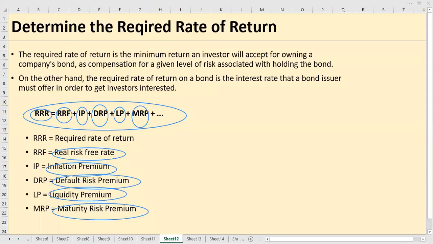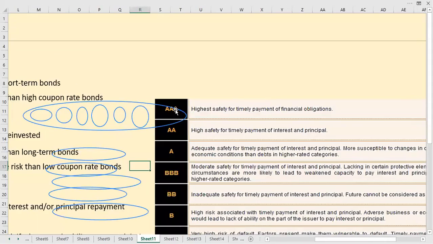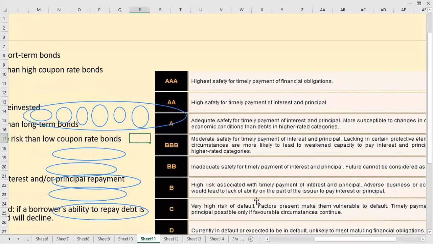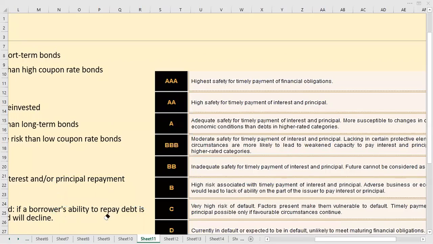As in the previous example, you can see now, according to this rating, if you know the rating for this particular company that you are going to invest in, given by these rating agencies, if that company has AAA rating, that means your default risk premium would be less.